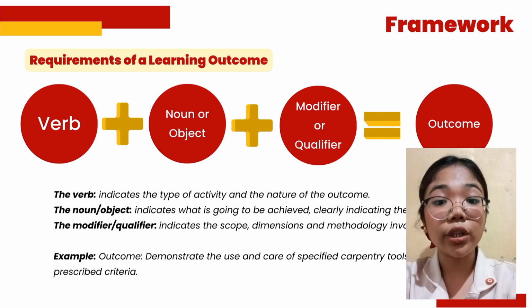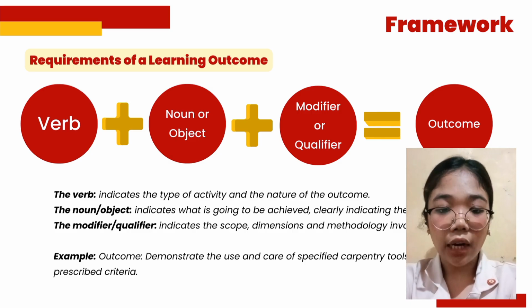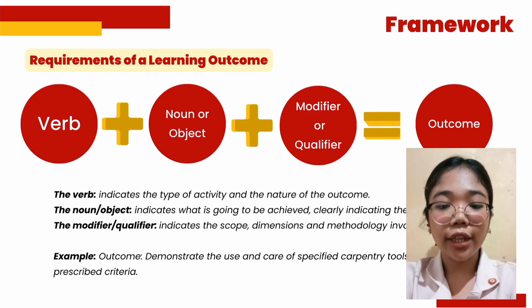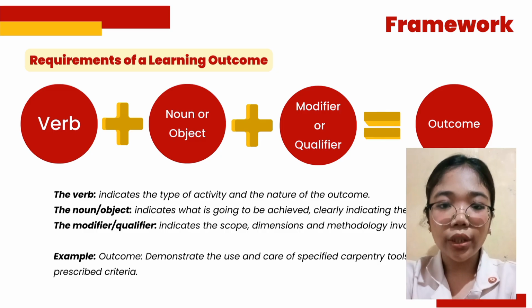If we distinguish the verb, the noun, and the modifier in this sentence, the verb is the word demonstrate, and the noun is the use and care of specified carpentry tools. The modifier, on the other hand, is in accordance with the prescribed criteria. So when combining all this, it makes the perfect learning outcome for a trainee.